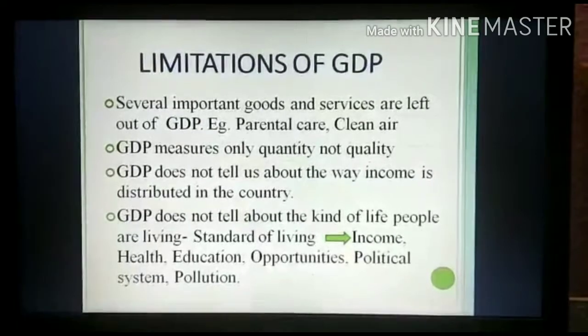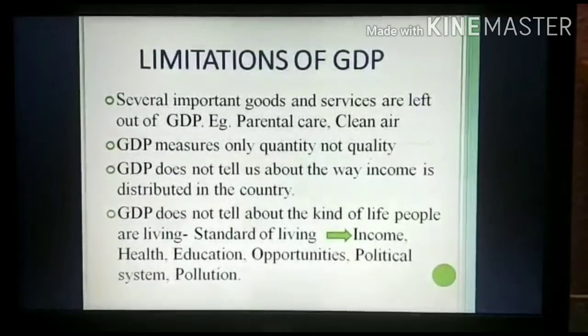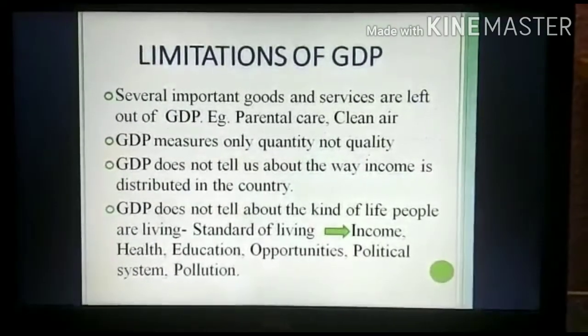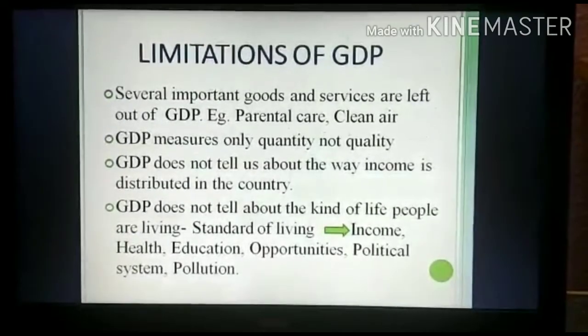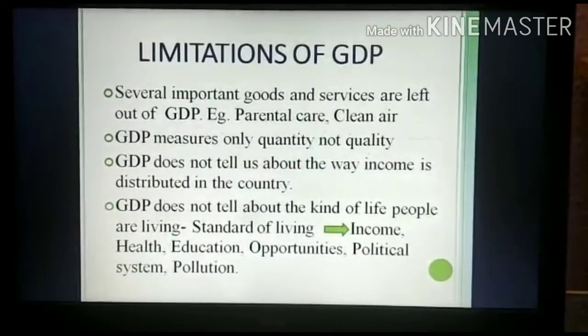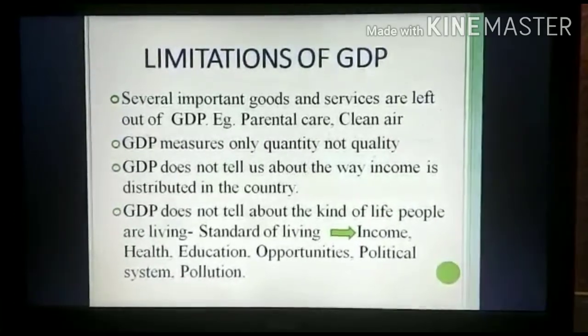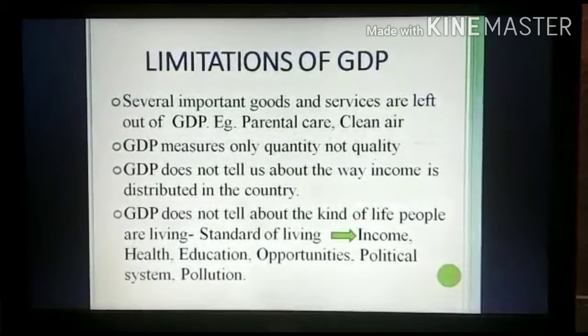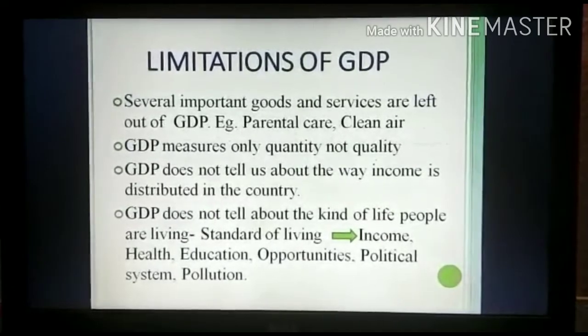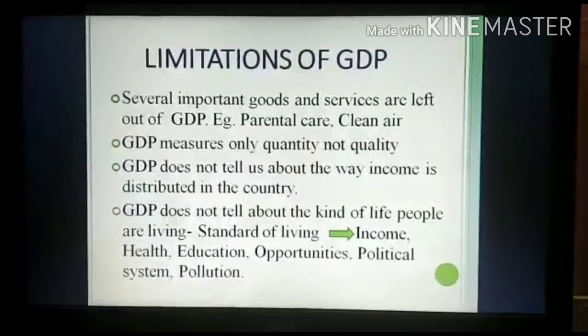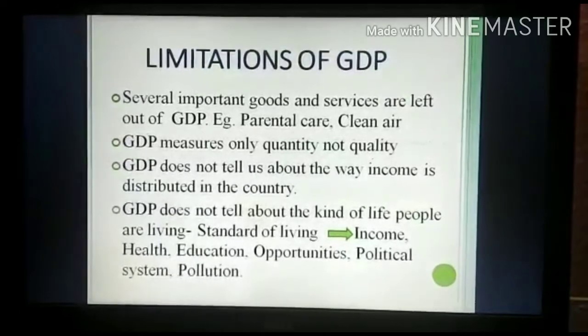Then the second one is clean air. You know it, clean air determines a healthy life of the people. Clean air is a must for humans, but we are not calculating this in our GDP. Then the next one is GDP measures only quantity and not quality.